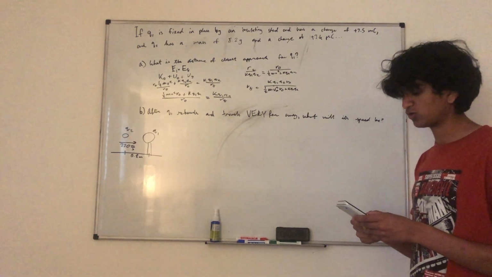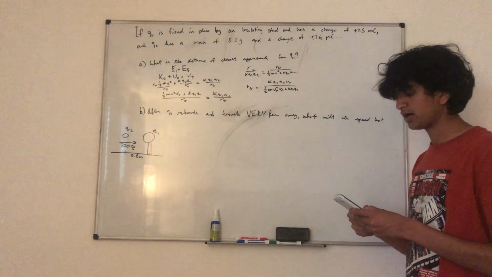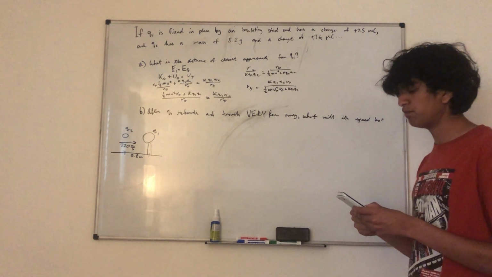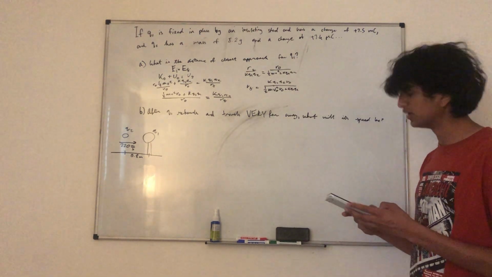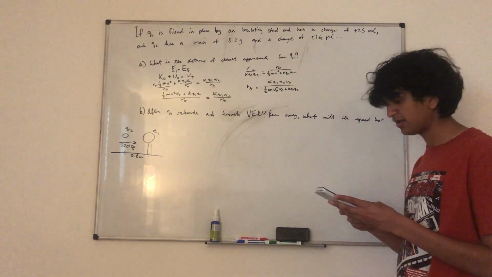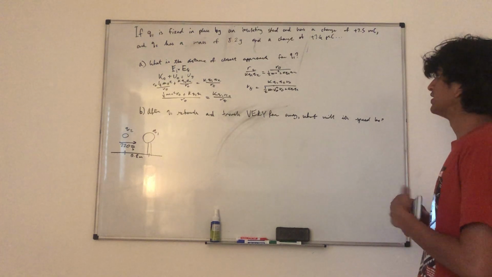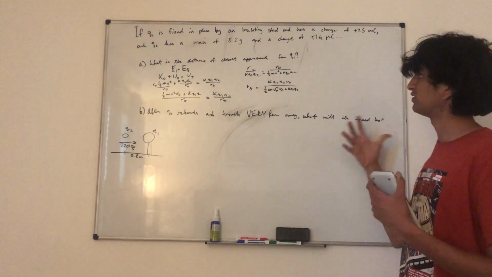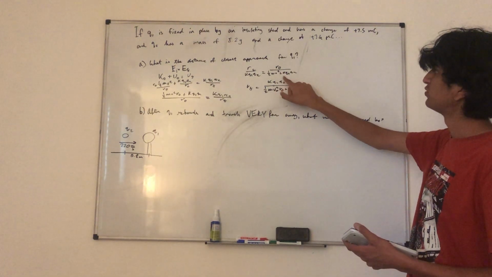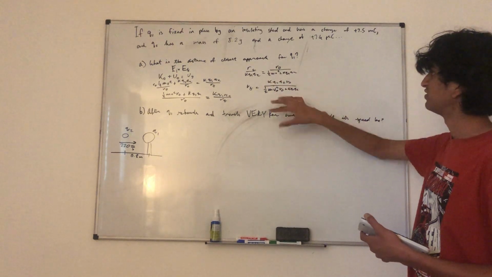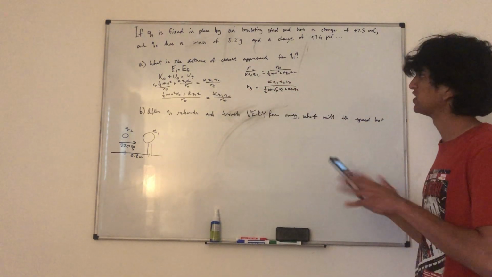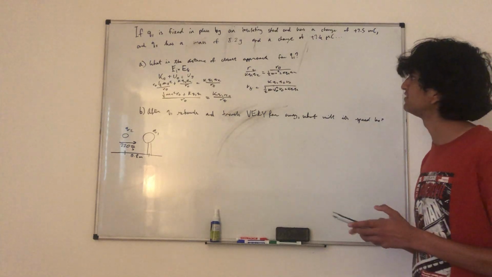Remember that, because we're not dealing in coulombs, we're dealing in millicoulombs, which is always going to be times 10 to the negative third. The reason I do that is so everything's consistent. I have coulombs, meters, and I will get meters at the end. It just keeps everything nice and easy.